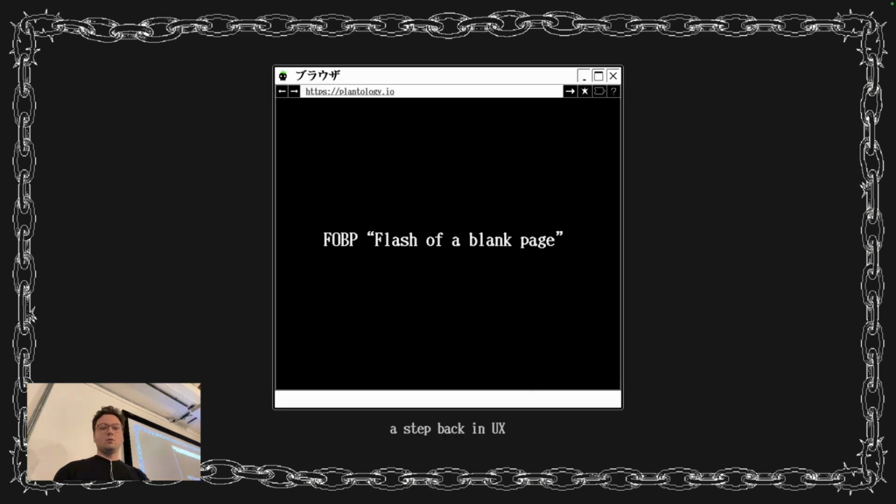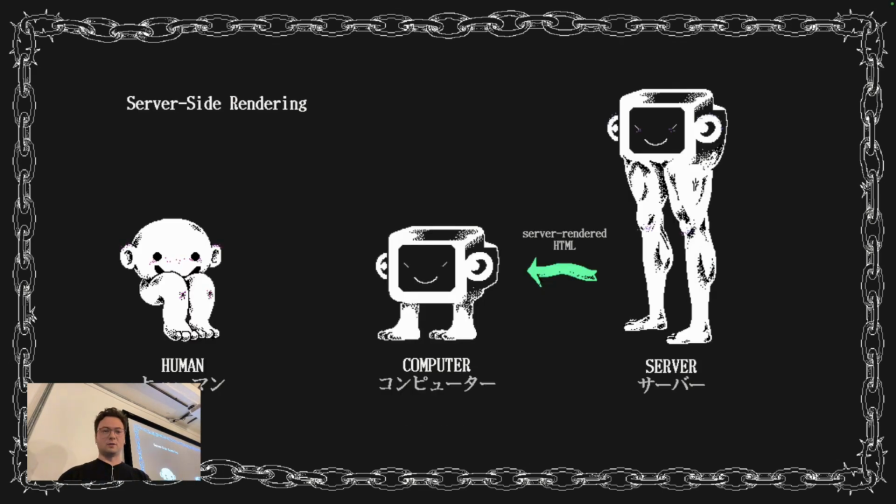We quickly realized, and we'll get back to this example, by the way, that this user experience of having a flash of blank page with single-page apps is not a good experience, right? Again, it was a step back from the CGI era, because now we don't see the page immediately once it loads. Now we have to wait more for it to be generated by the JavaScript, right? So how did we fix it?